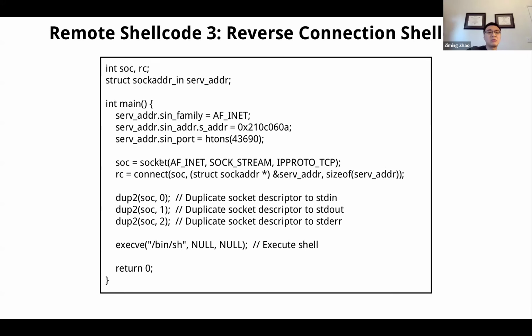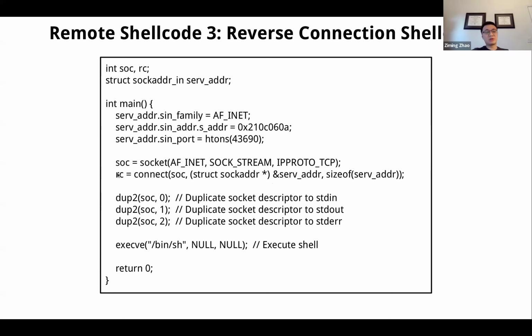It will first create a socket, a TCP socket. Then it will try to connect to the attacker's computer. After it connects, it will get a file descriptor for this connection.